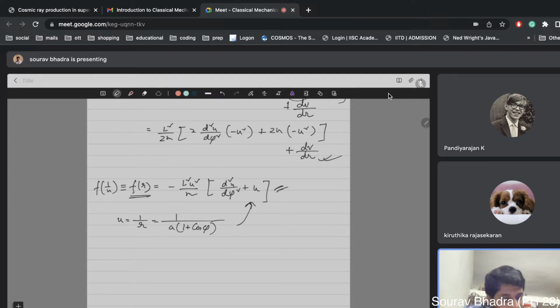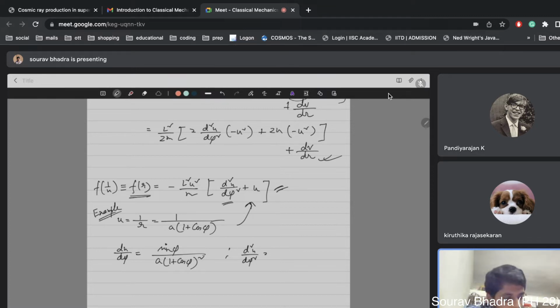So your u is given as 1 by a (1 plus cos phi). Now what we need is d2u d phi square. Okay, so du d phi is sin phi by a (1 plus cos phi) square. Okay, and your d2u d phi square, this is an example, you can think of it as an example.